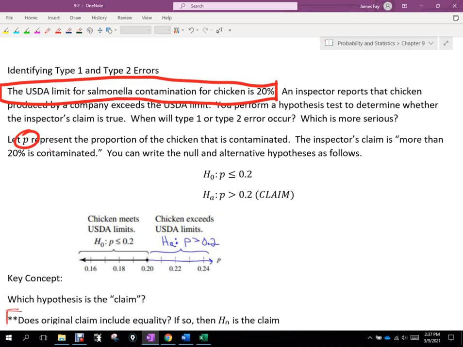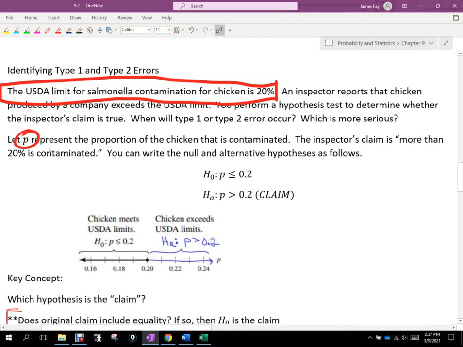So when we write our null hypothesis here, we write P is less than or equal to 0.2. Notice in this case that the null hypothesis still includes equality. Your alternative hypothesis is the complement, or the complete opposite perspective. If we were to graph these on a number line, these would be complement values.